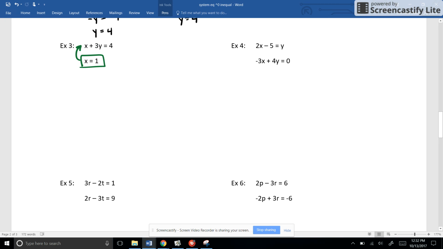That's why I'm going to do a different method in this one. So 1 plus 3y equals 4, minus 1 minus 1. 3y equals 3, so y equals 1. Well, we already know that x is 1, so that's my ordered pair. 1, 1.